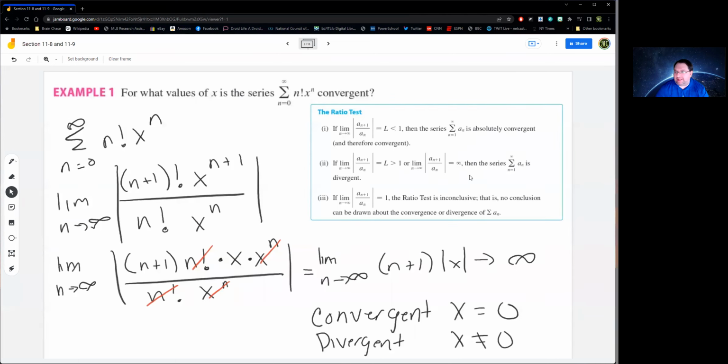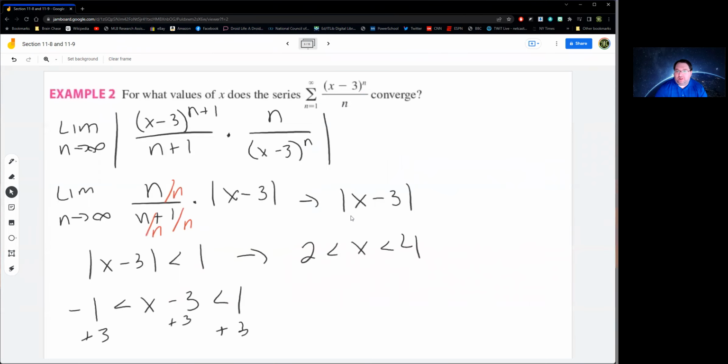If it's greater than 1, it's divergent, so it would be the opposite of this. However, we don't know what happens when it equals 1. And if I plugged in 2 or 4, this would equal 1. So I need to figure out what happens at 2 and at 4 to determine if it's convergent there or not.